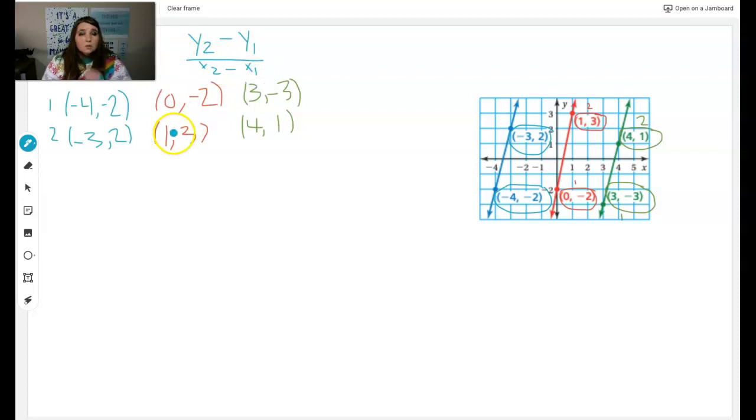Point number 2 in the y spot is 2, and we subtract the y of point number 1.